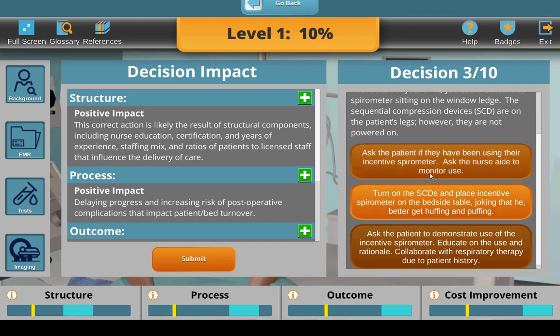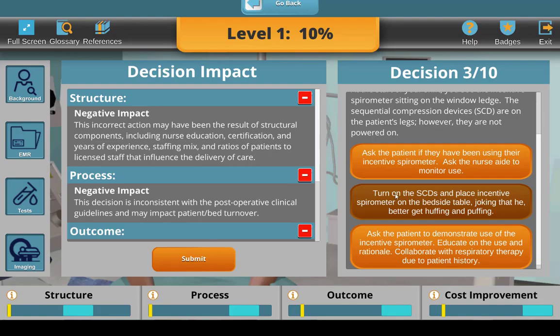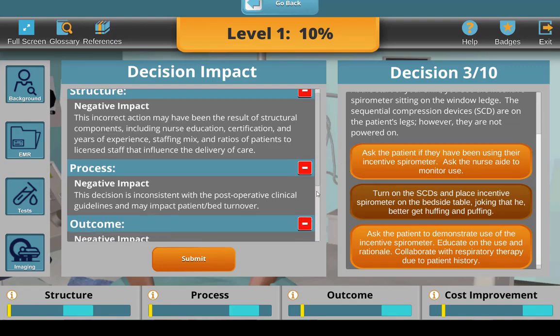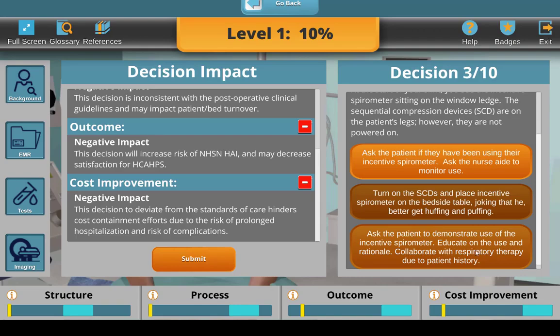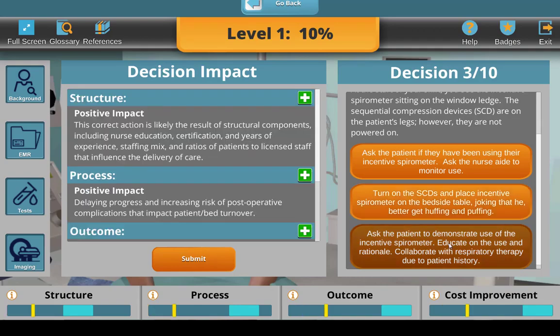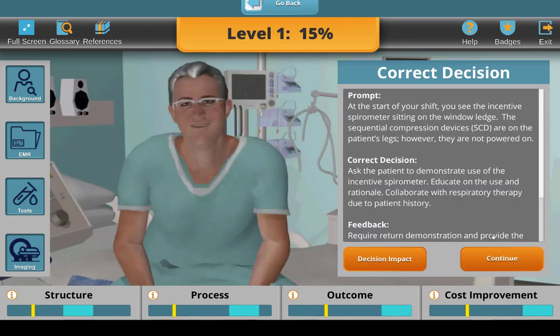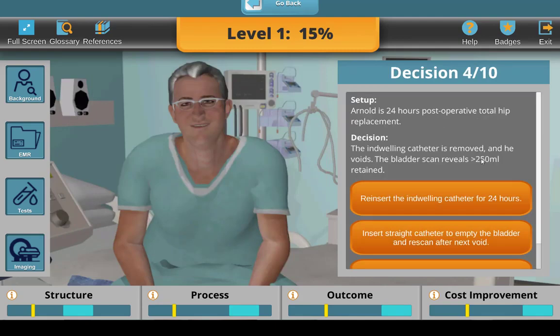Okay, and you'll notice as you go through this simulation that we are also embedding good communication skills, because we don't make light of this with the huffing and the puffing, but clearly that would not probably be an appropriate way in which to communicate with the patient to make them comfortable. Okay, so this looks to be our best route. And now we submit that and we're on to decision 4.